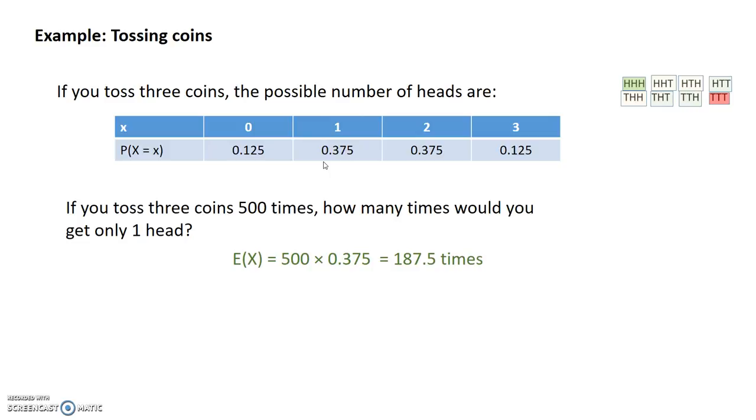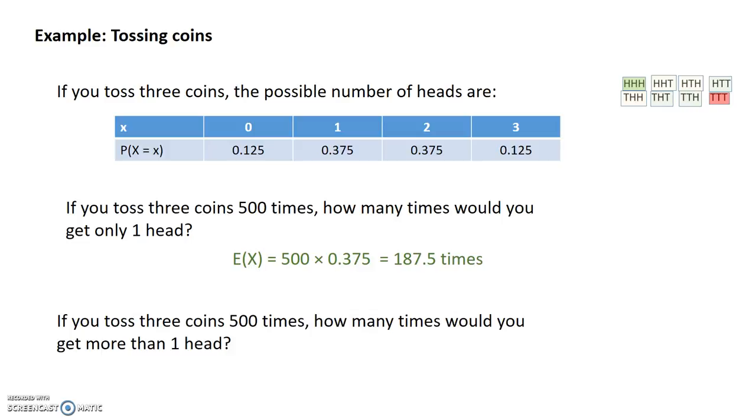So you just multiply the number of times you do it by the probability of that outcome, and it's 187.5 times. And it's okay to say 0.5 because it's an average, it's an expected value. That's why it's called E of x, because it's the expected value of the discrete random variable.